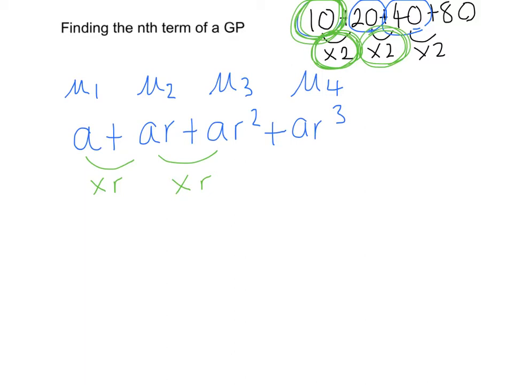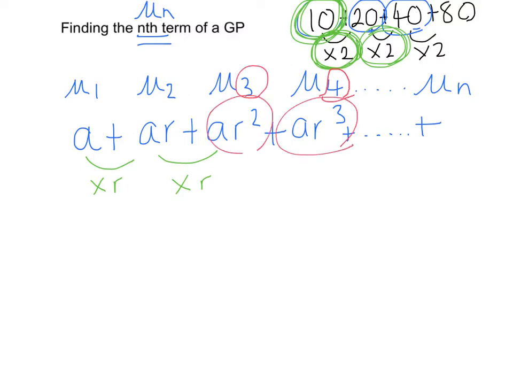Now, we're looking for the nth term of our GP. And the nth term of our GP is found by Un. So we're actually wanting this term up here. Now, it's pretty easy to spot the pattern because if you have a look here, you've probably spotted it already, that U4 is AR cubed.